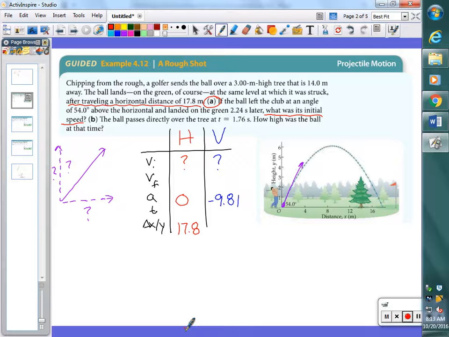What else? Sean, go ahead. The time is going to be 2.24 seconds, right? It tells us that straight up. Okay. And then there's one more thing. It's one of those non-obvious things.